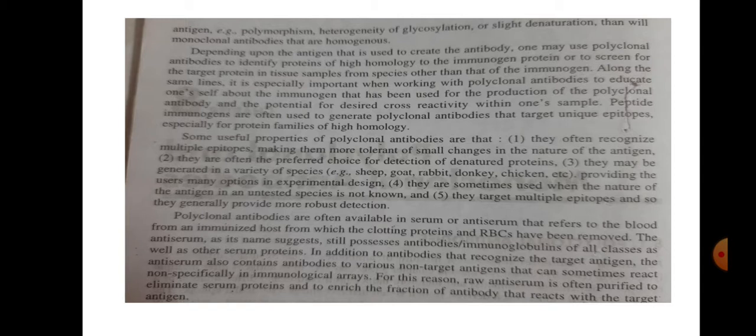In addition to antibodies that recognize the target antigen, the antiserum also contains antibodies to various non-target antigens that can sometimes react non-specifically in immunological assays. For this reason, raw antiserum is often purified to eliminate serum proteins and enrich the fraction of antibodies that react with the target antigen.